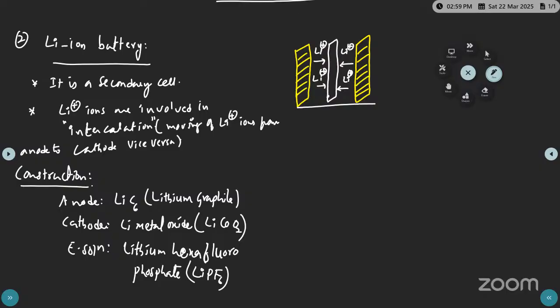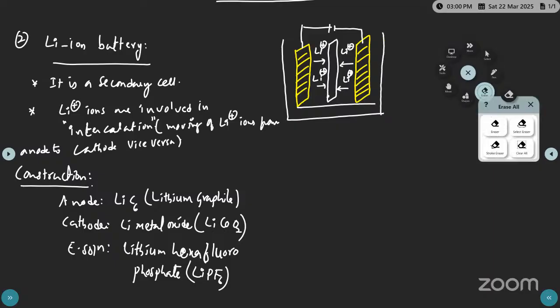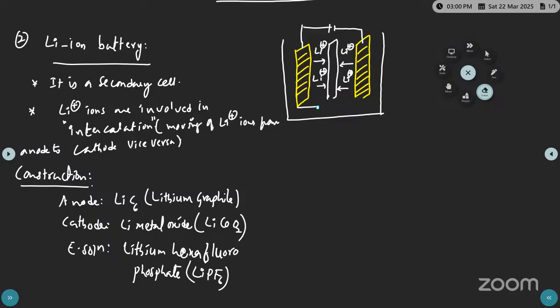These two electrodes are connected to a battery like this, and this total arrangement is immersed in an electrolytic solution. What is that?